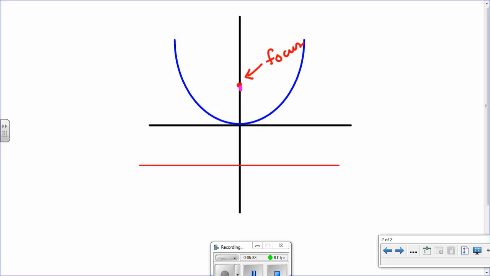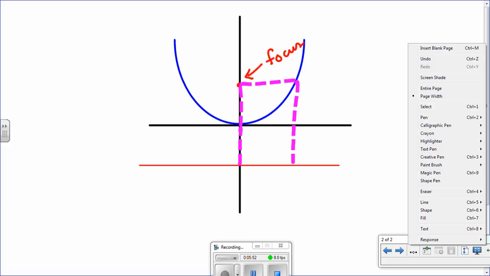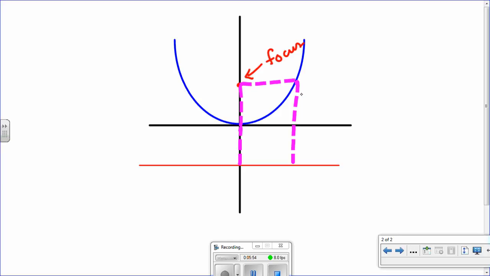Like, if this is 2 units, that's 2 units. If this point is 3 units right there, then that's going to be 3 units right there. It's totally not to scale, because I can't draw, but, you know, that's what that means when it says it's equidistant. This should actually open up a little bit wider. That's okay. Every point on there is equidistant.